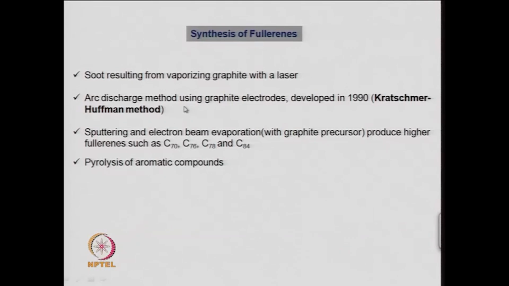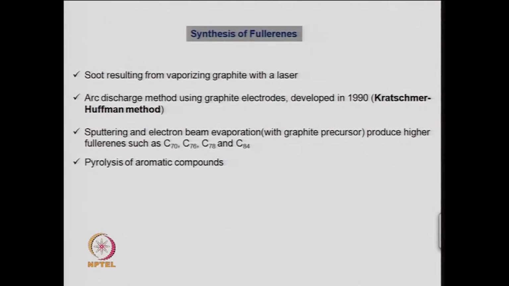Another method is what is called the arc discharge method. This is a method where you use 2 graphite electrodes. So, again graphite is being used, but you have 2 graphite electrodes. You apply a potential and you generate a discharge between the 2 electrodes. So, there is a small gap between the 2 electrodes, and between that an arc has to be formed.